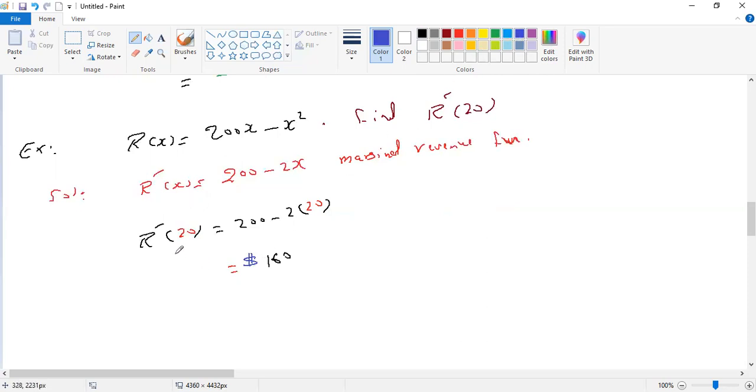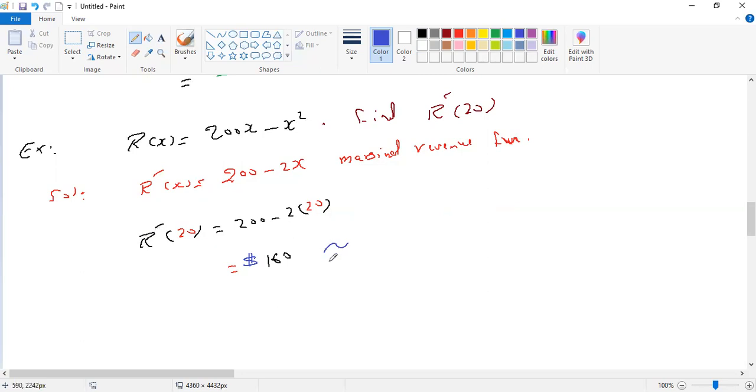What does this mean? Marginal revenue of 20, R prime of 20 equal to 160, means the revenue will increase by $160 per unit. For the next unit, this will be approximate, because this is a derivative, meaning a limit, not an exact answer.